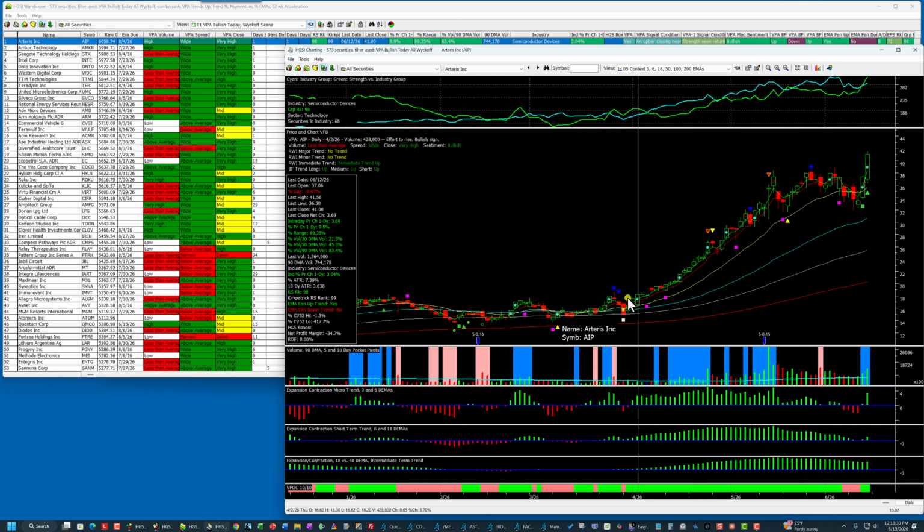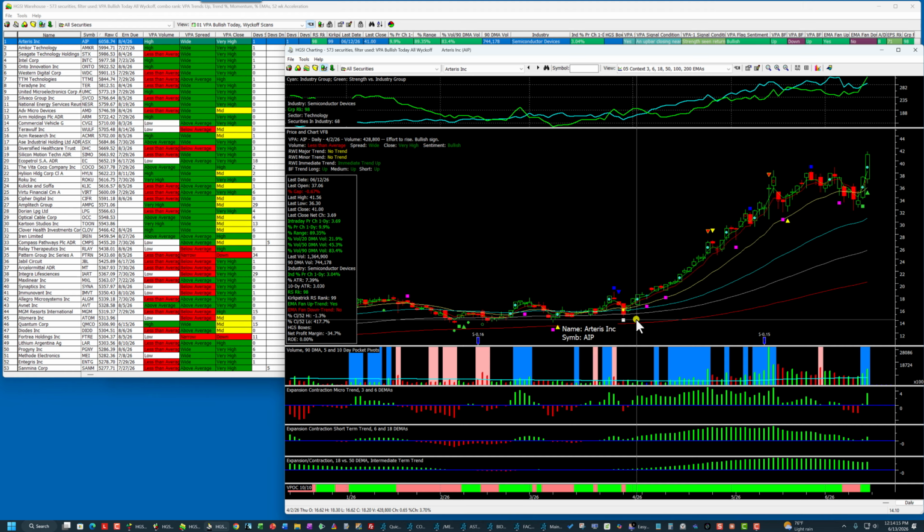Okay, now here we have volume was actually less than average because it was slightly below the average, but the spread was wide, the close was very high, and the sentiment was bullish. And what else happened here? We had an effort to rise. So on this day, this stock went from essentially neutral without sentiment to a bullish sentiment, and this is one day after the 3 crossed the 6.